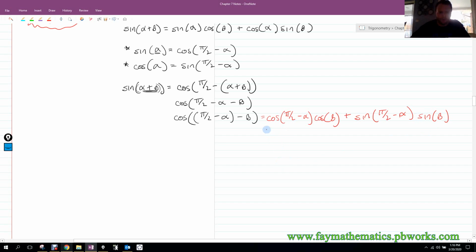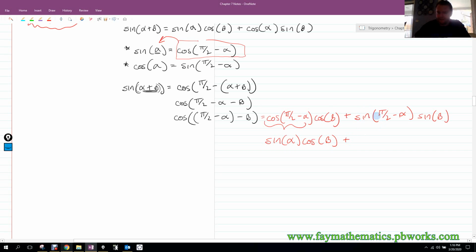And at this stage, we're going to make some substitution. I'm going to come back up here and see where it says the cosine of pi over 2 minus alpha is the same thing as sine of alpha. So I'm going to replace that with sine alpha. Bring my cosine beta down, got my plus.